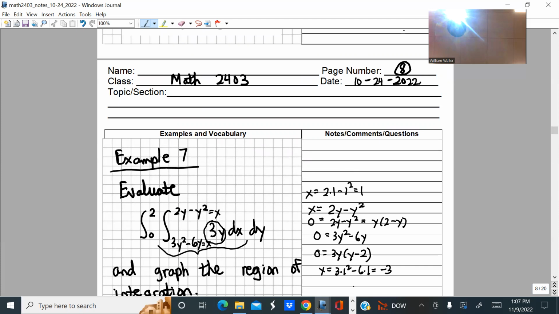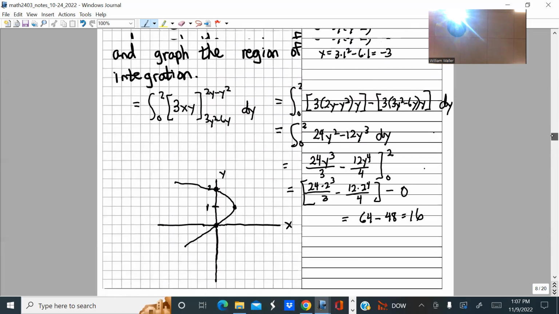Is that minus 3? So down here is the vertex for that second parabola. Nice. So it opens like this.